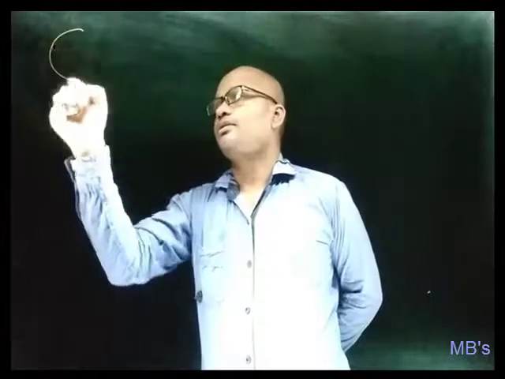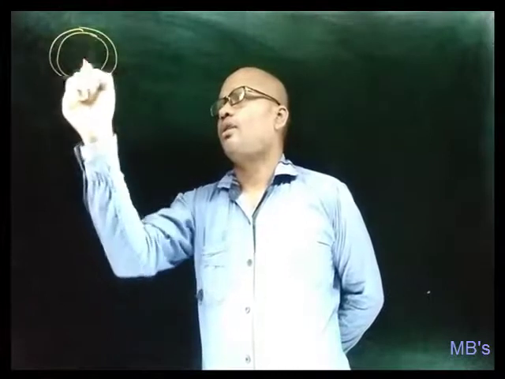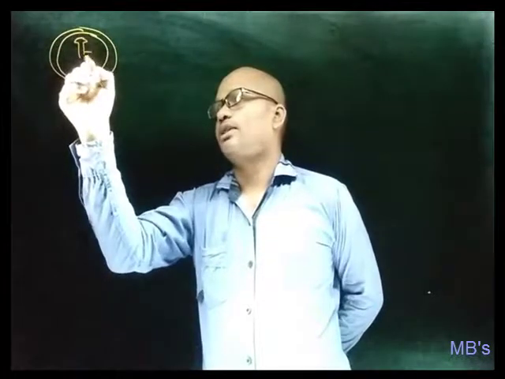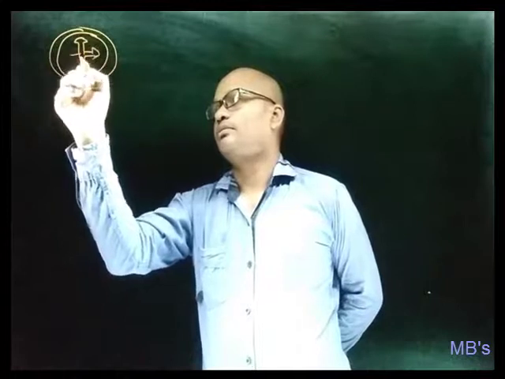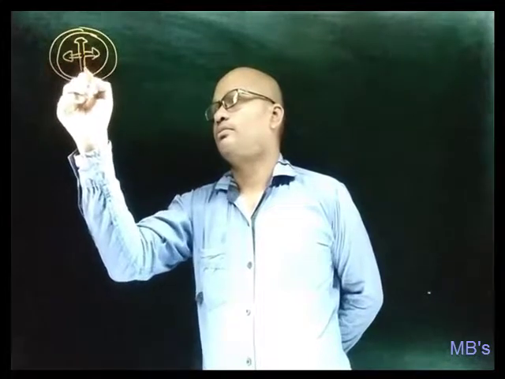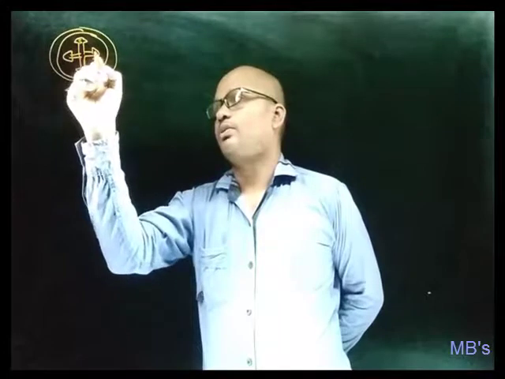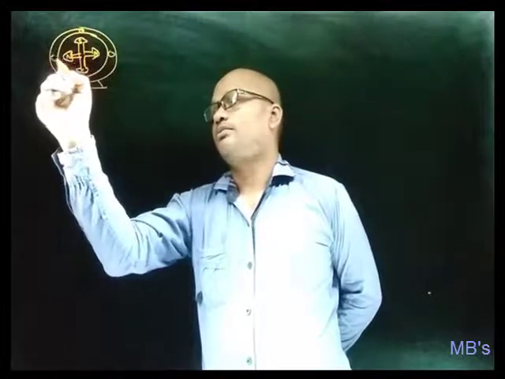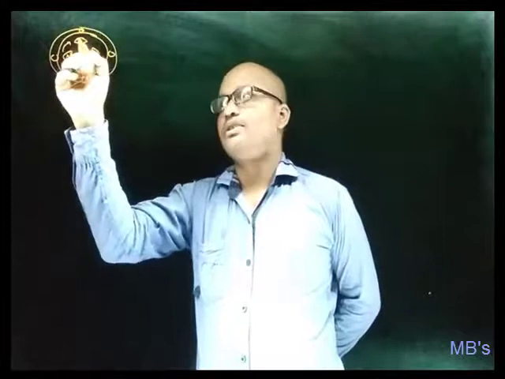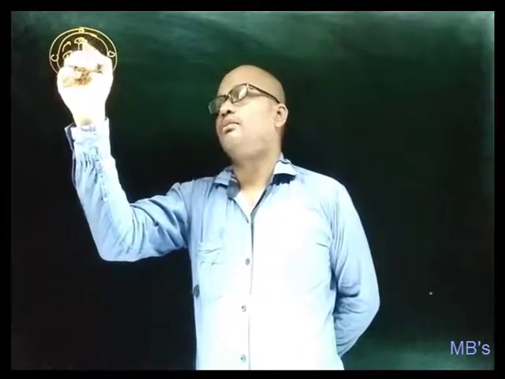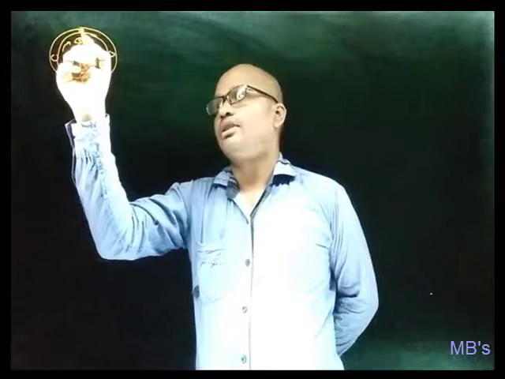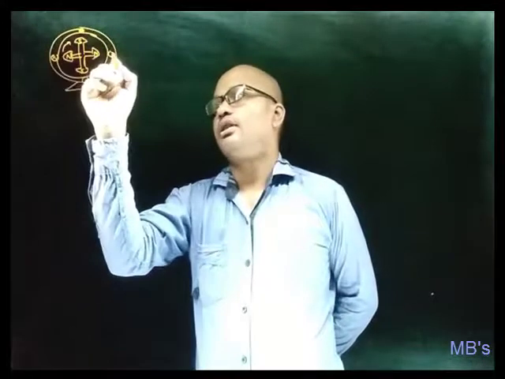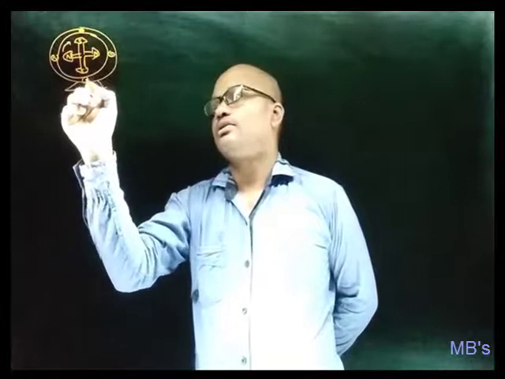Let us consider the salient pole type of alternator, 4-pole salient pole type of alternator, and let this be South Pole, North Pole, South Pole, North Pole, and the conductors of the stator be here. Let the direction of rotor rotation be clockwise, and by applying Fleming's right hand rule, it is found that the direction of induced EMF is outwards, and to this is inwards, and to this inwards, and to this outwards.